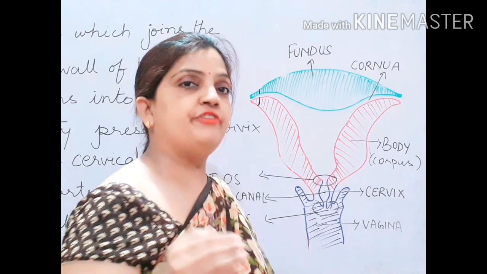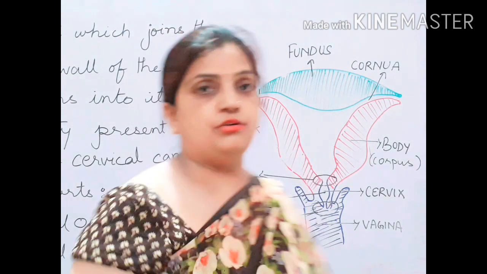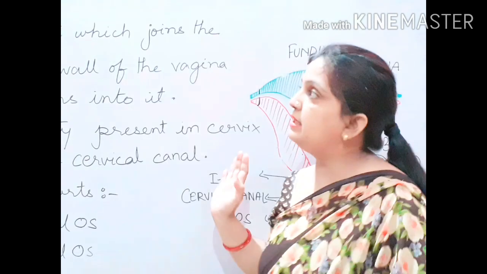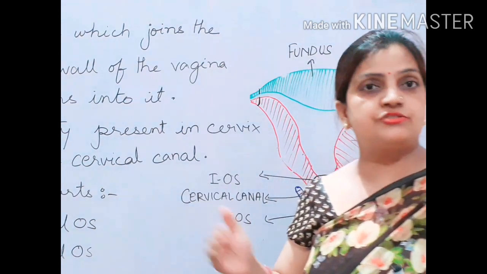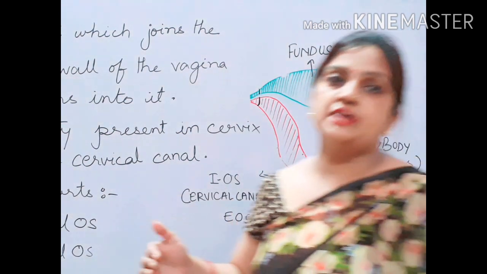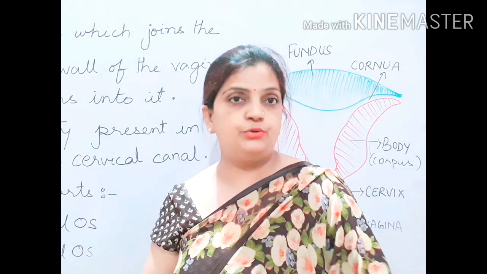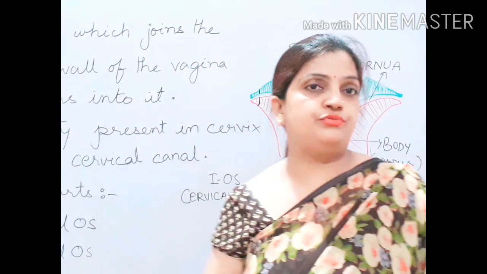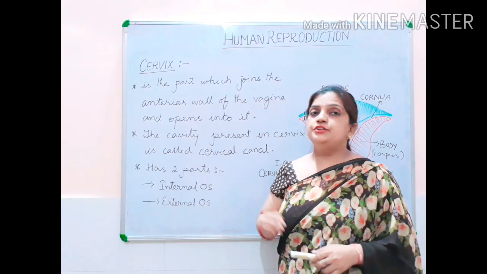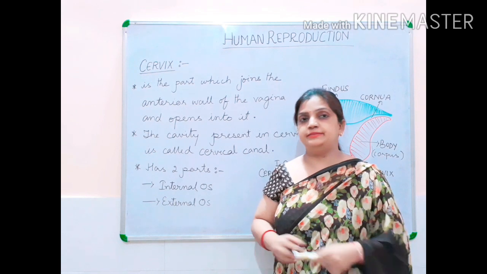Now children, if we come to the function of the uterus, I hope whatever I have explained about the structure of the uterus and the structure of the cervix is clear to you all. Now let us move to the function of the uterus.